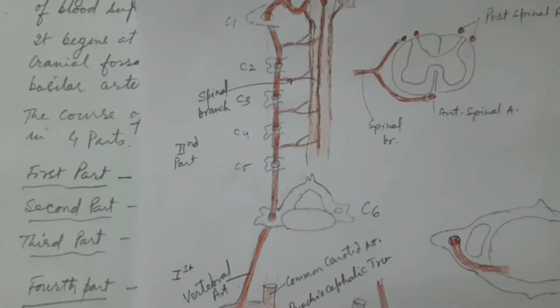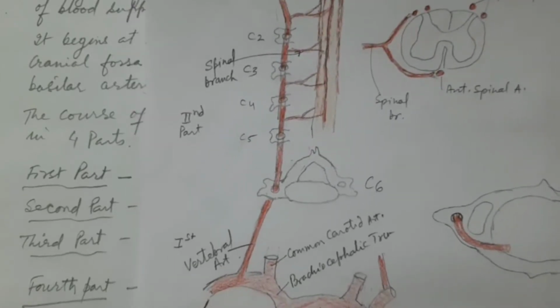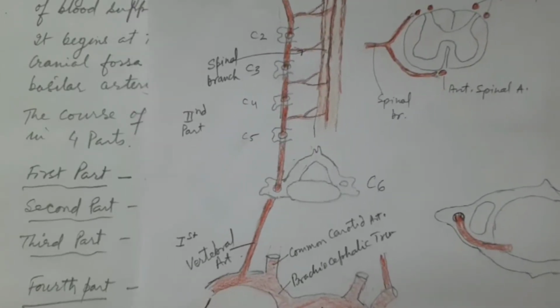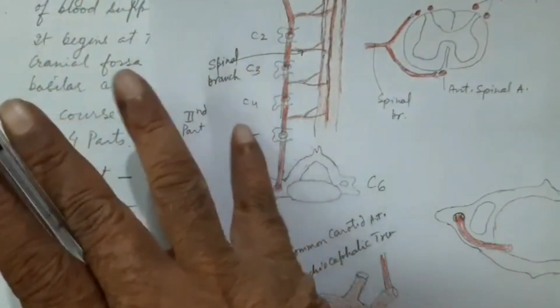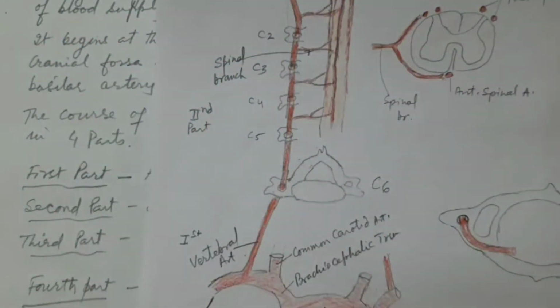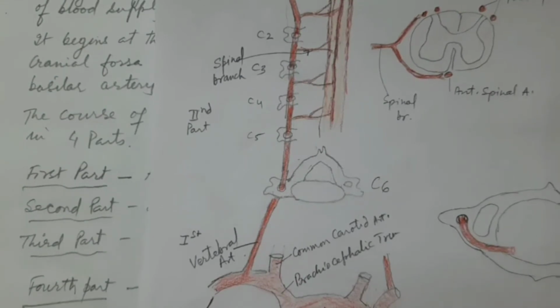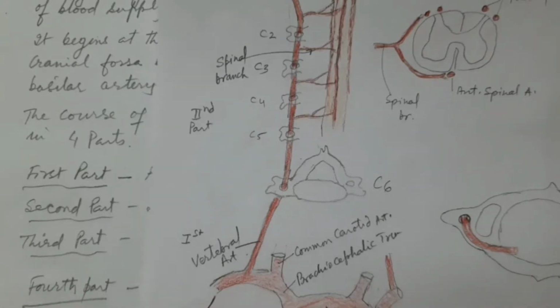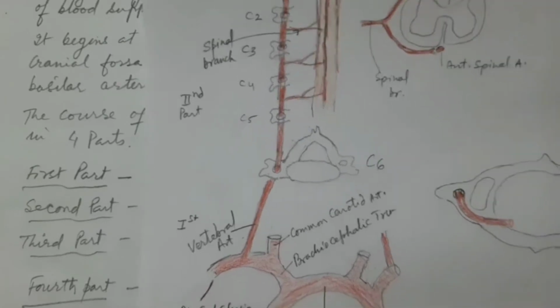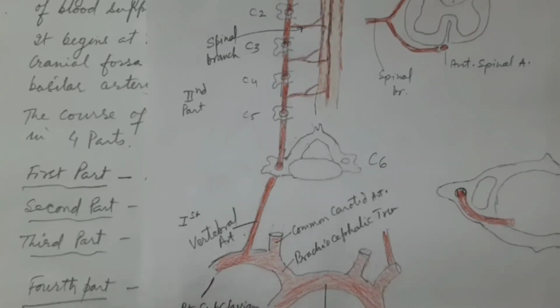That means the artery is lying anterior to the ventral rami of these cervical nerves, which are coming out from the spinal cord and then going to the neck. Okay, and these ventral rami of cervical nerves will form the two plexuses in this region, a cervical plexus and the, I'm sorry, not lumbar, the brachial plexus. So these are the first and second parts of the vertebral artery.